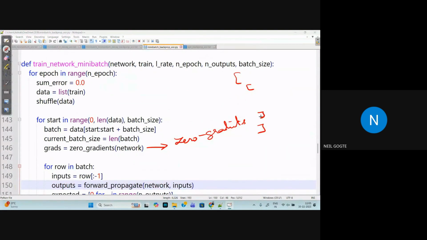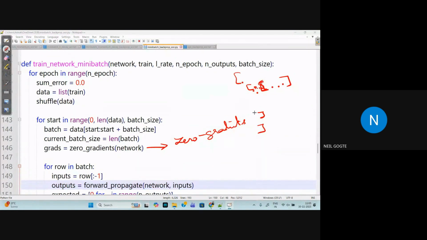For each layer, there's a list of neurons, and for each neuron, we maintain the grads, which are kept as a list of weights. So it's a list of lists.